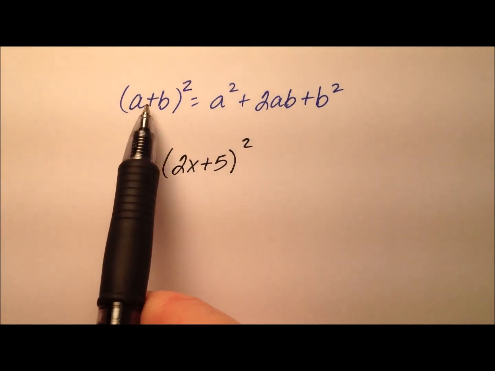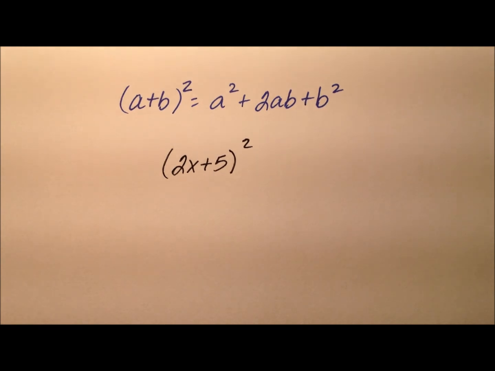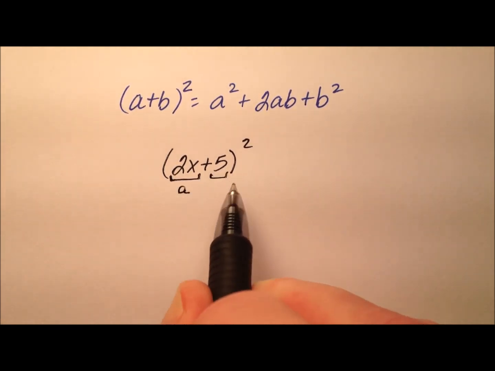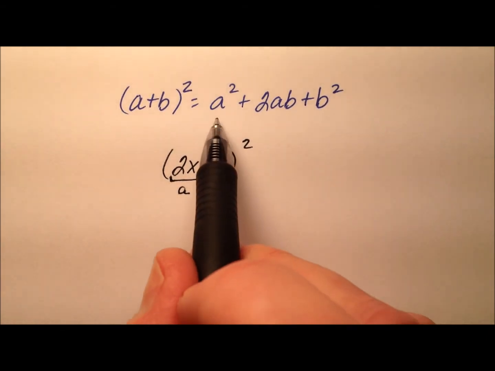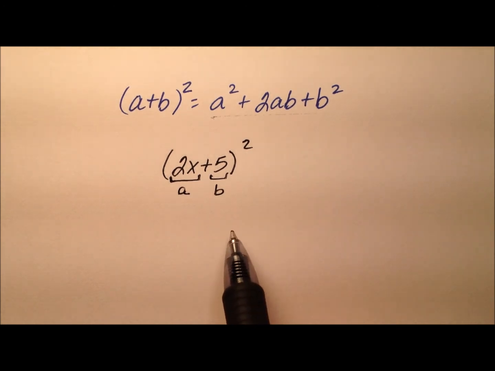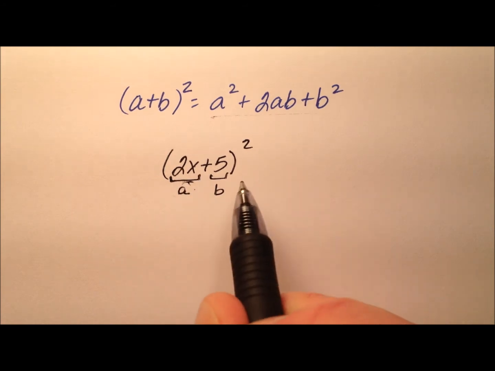So here's this second formula and an example. We have a plus b, and that quantity, or this binomial, is being squared. So we're going to say this 2x is my a value, and this 5 is my b value. So we can just plug it right into this formula, and I'll show you why this works and why it's nice also. So a squared. I'm going to take this a, which is 2x, and square it.